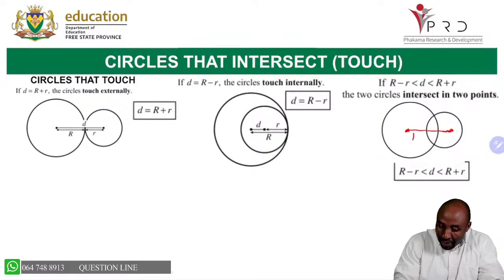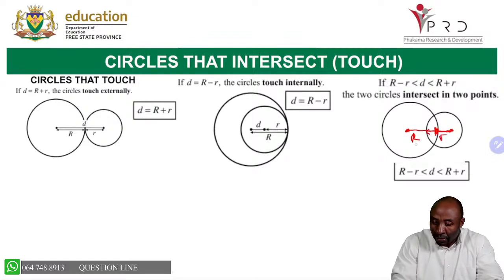But remember, this is our R from here to that point, and we have another r, the r to that point, small letter r. So this big R minus small letter r gives us the lower limit, and then if you add the smaller radius and the bigger radius, it gives us the upper limit.